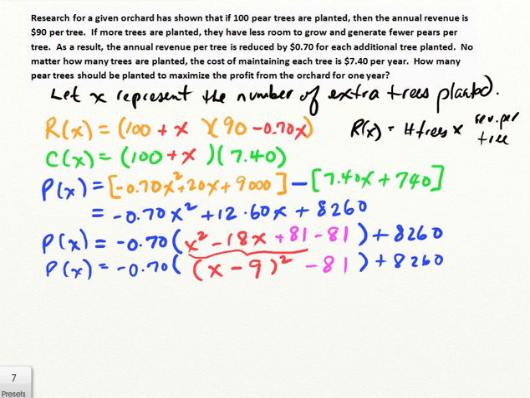So to do that, I'm going to multiply this negative 0.70 times this term, and then negative 0.70 times this term. So we are distributing this into the brackets.